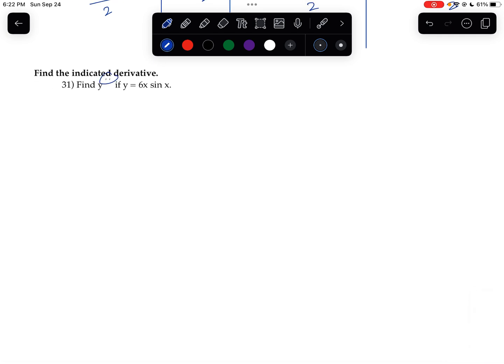And last but not least, find the indicated derivative. So find y double prime. So y prime would be equal to, you need to use the product rule. So the first times the derivative of the second plus the derivative of the first times the second. So for y double prime, taking the derivative of this term requires the product rule again.